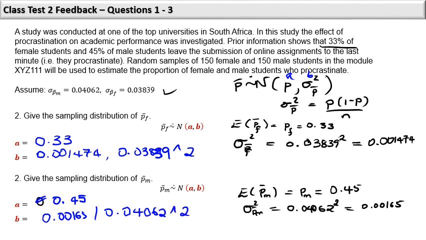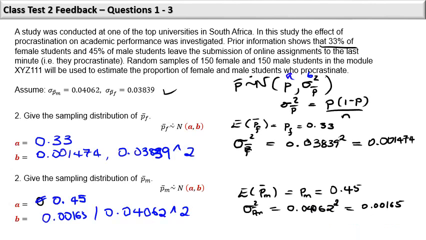Just remember that. All right, now that we have our distribution for the P bar female and P bar male, we can answer any question on probability on these two.